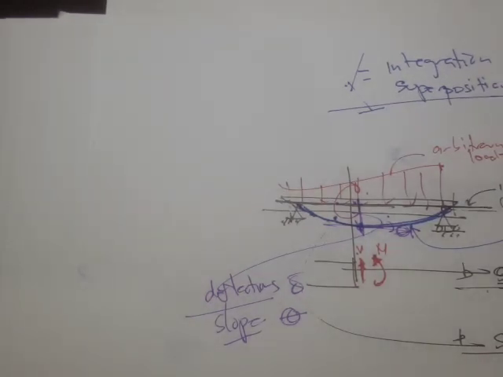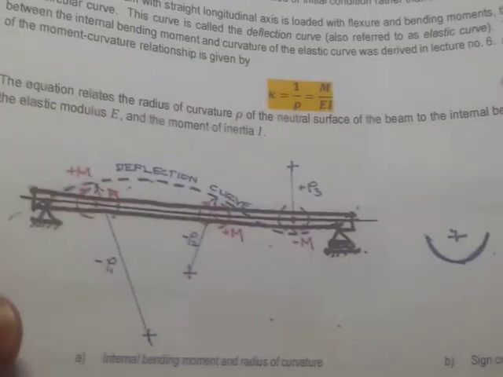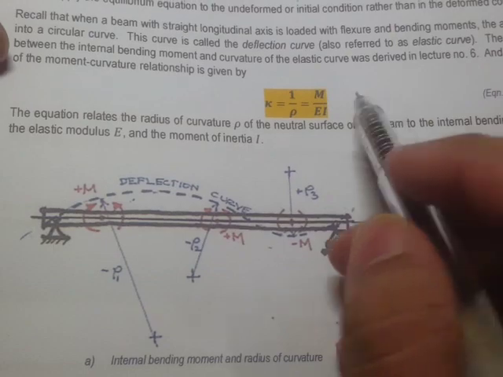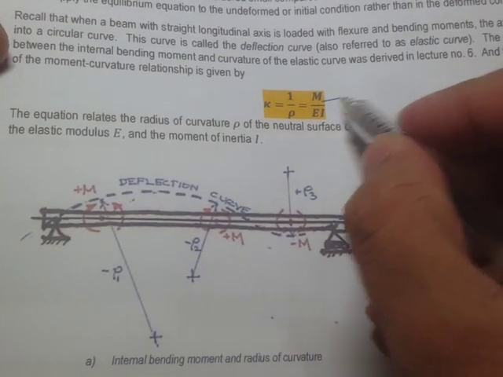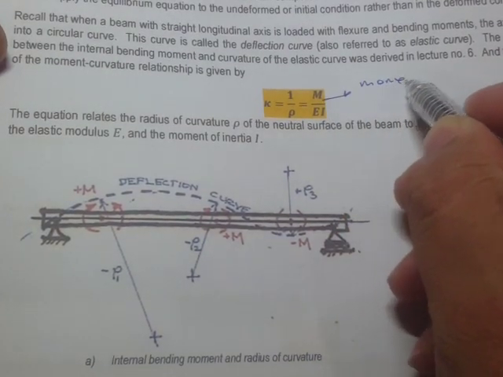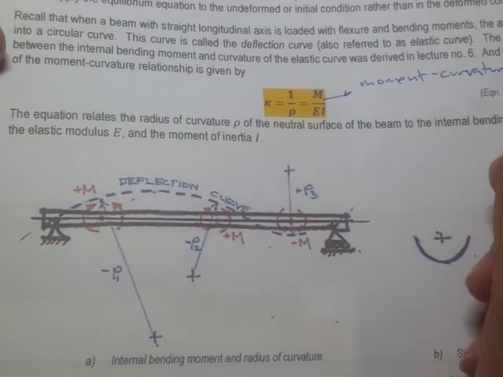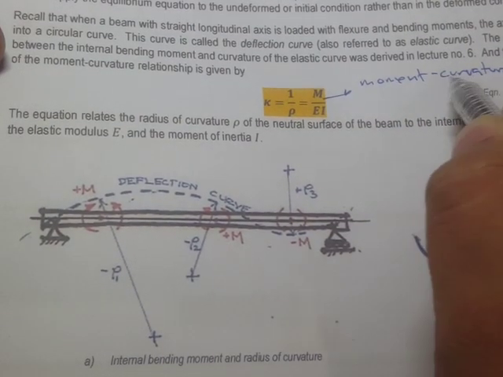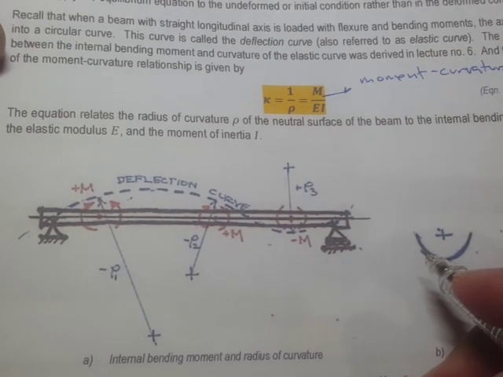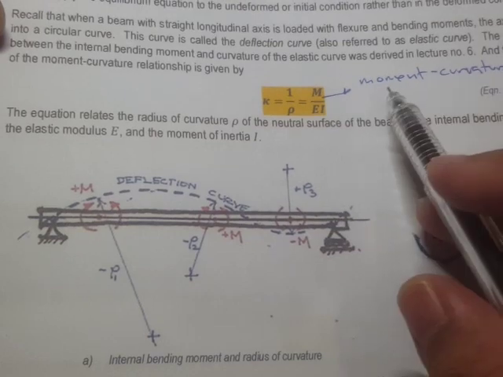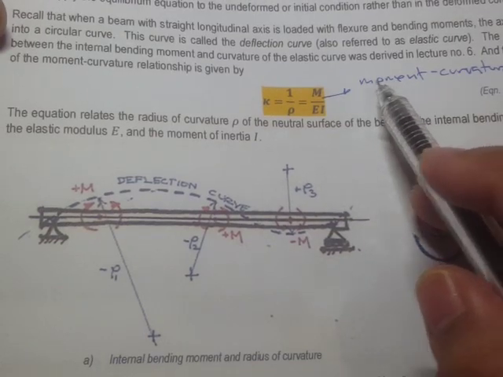Okay, so first and foremost, we have this equation right here. This is equation number 1, and this is actually the moment curvature equation. I think we already derived this in part 1 of the axial members.